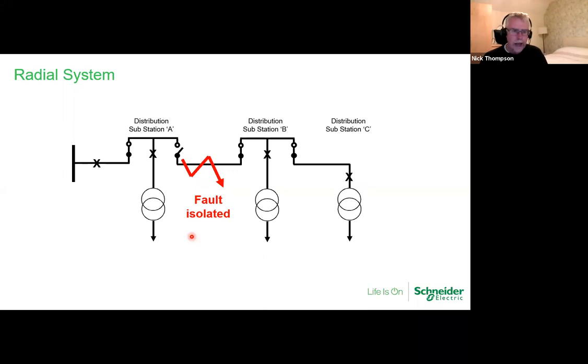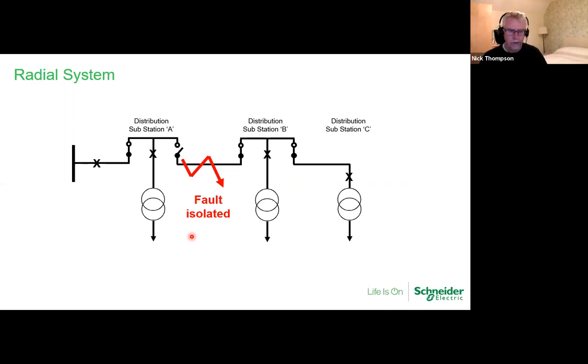Post interruption, obviously, you would need to do some checks on the equipment, particularly on the feed circuit breaker, to make sure everything is healthy and safe to close. Also, the substation that's directly above the fault would probably need to be checked to make sure there's no resultant damage to the equipment from the high fault current which has flowed through, because the switchgear may have been subjected to previous high fault currents and may have created some damage.